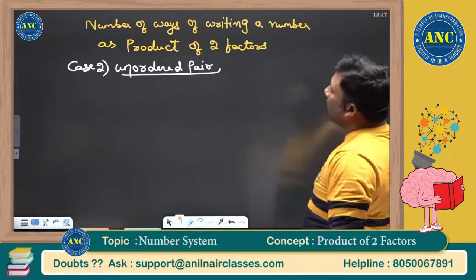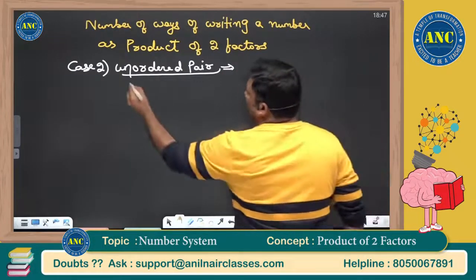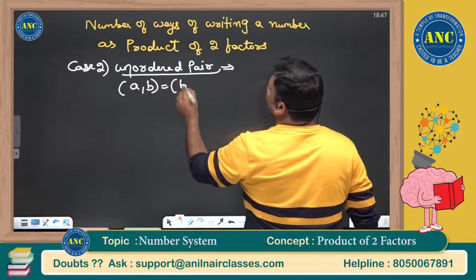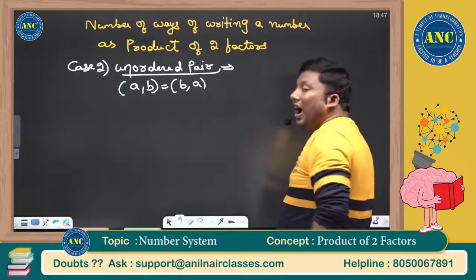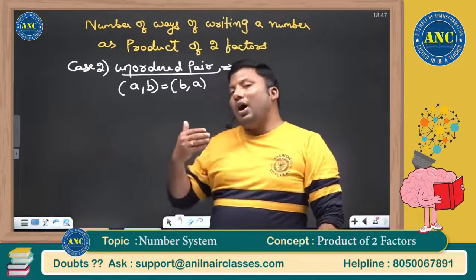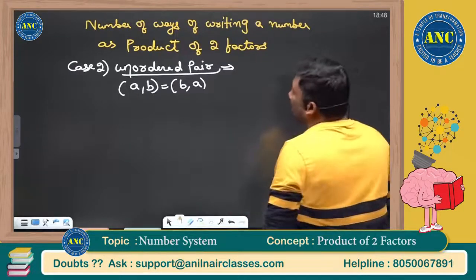Unordered pair. What do you mean by unordered pair? Ordering does not matter. That means reverse is equal. Ordering is not required. Reverse cases you can duplicate.